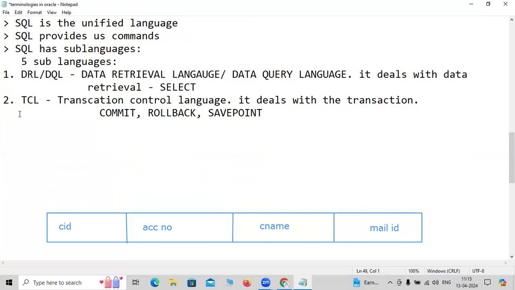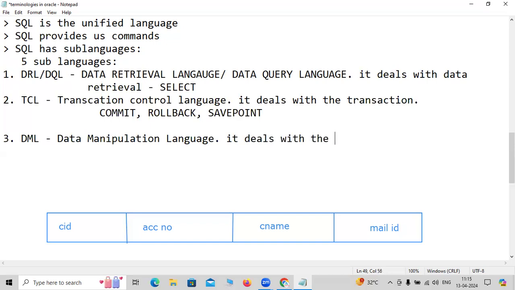Now the third sub language that SQL provides is the DML, that is data manipulation language. It deals with the data manipulation.